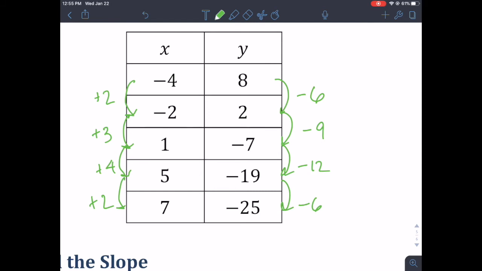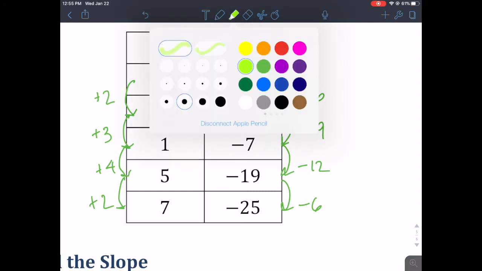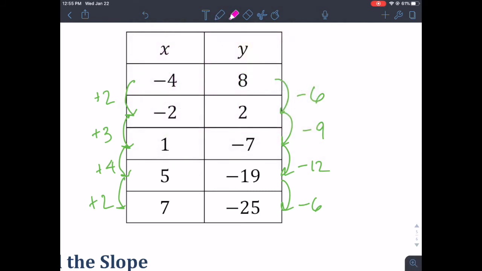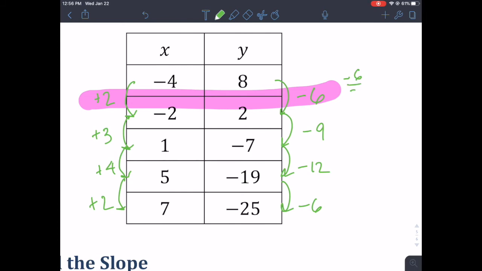So I thought we were looking for constant rates of change. Well, we are, and let's actually take a deeper look at this. The first time we had a change of 2 for x, and a change of negative 6 for y. So if we think about rise over run, y over x, we had negative 6 over 2. Well, negative 6 over 2 is negative 3.